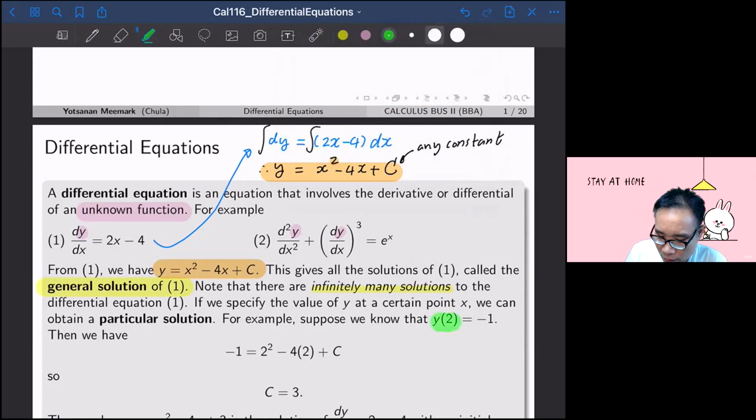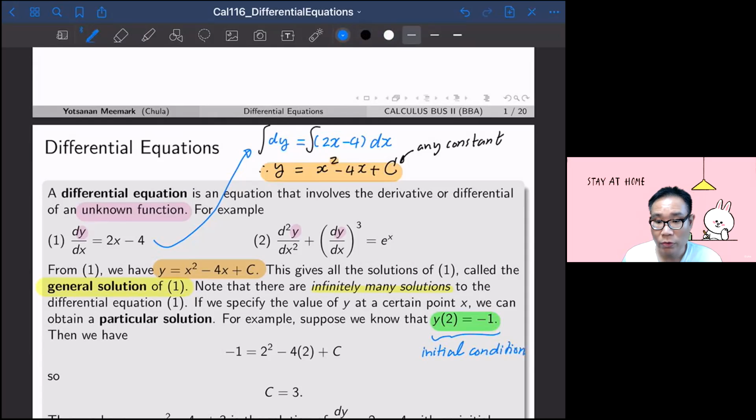So if you want the solution that satisfies y(2) equal to -1, this has a special name: it is called an initial condition.